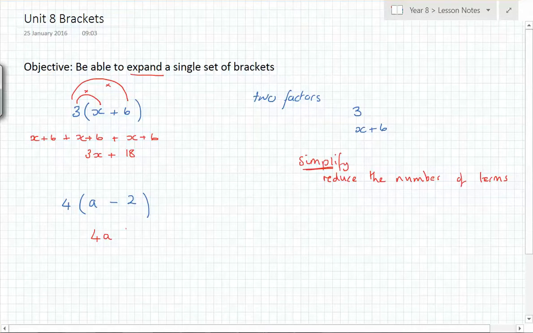So what does it become? It will be 4 times negative 2, negative 8. Yes, exactly. So it would still be minus 8 there.